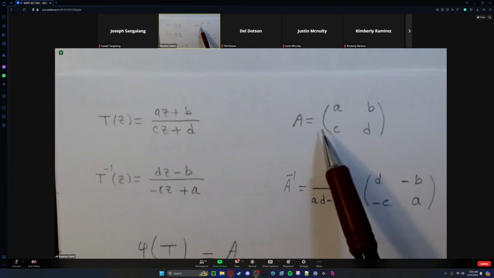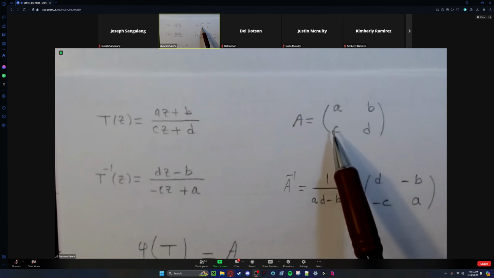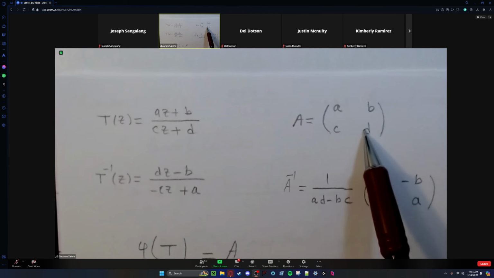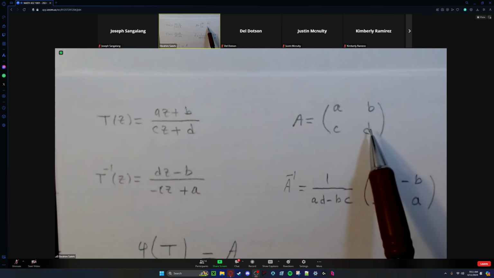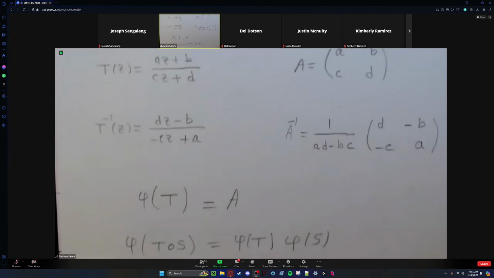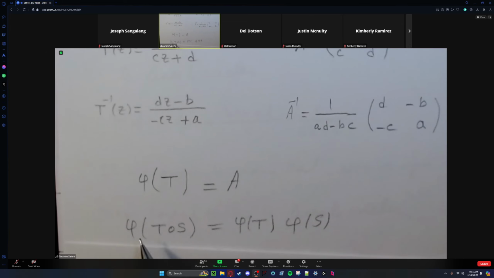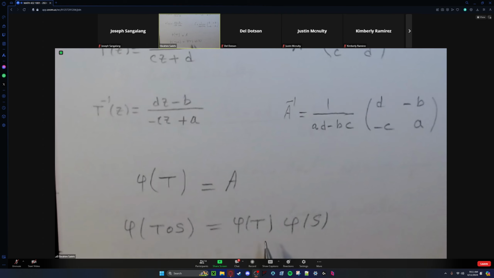The structure that we impose here is the product of two matrices. So what this function does, if we apply it, it preserves the operation.